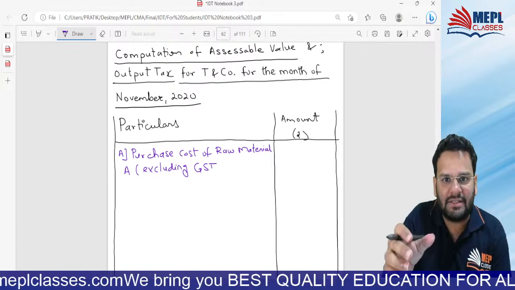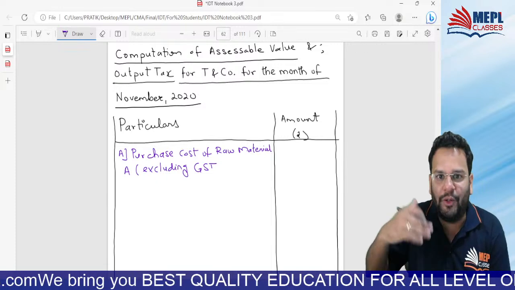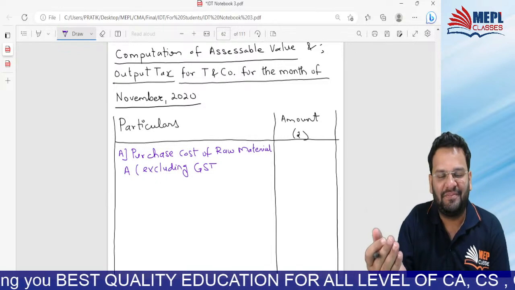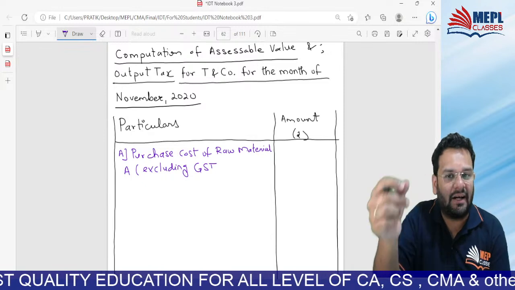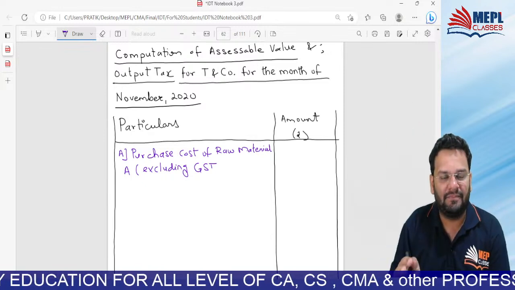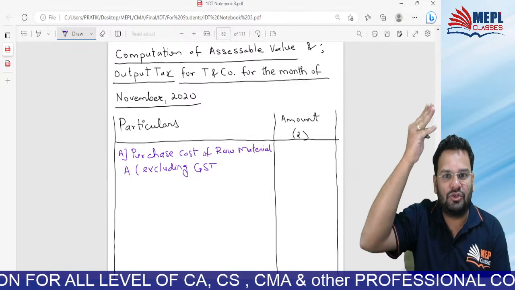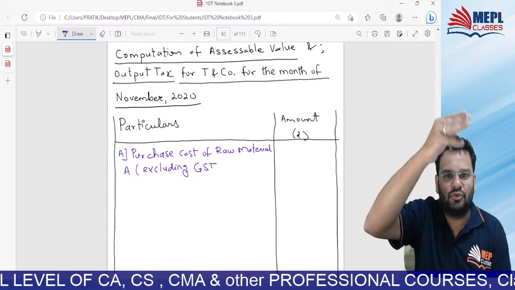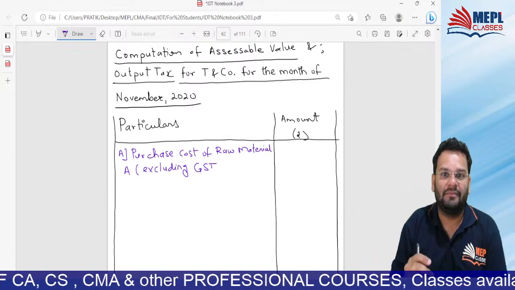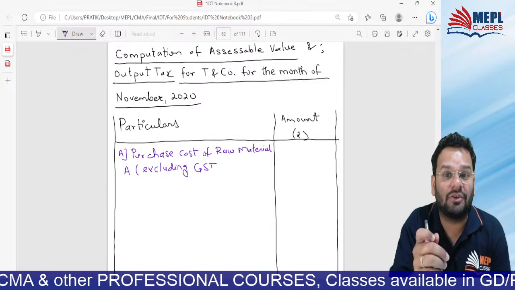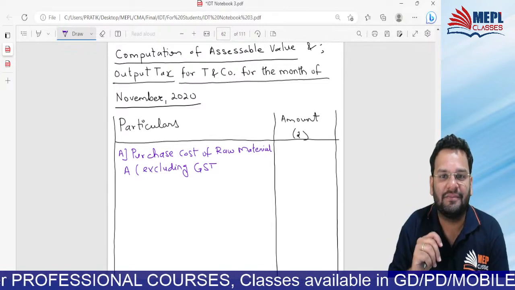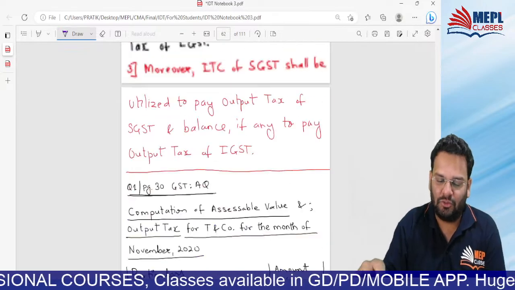Because of that GST paid on purchase, you are going to claim ITC. So if you recollect our basic example of A selling goods to B, B selling goods to C, and C selling goods to D, every time the purchase cost was taken excluding GST. Yes or no? Check.